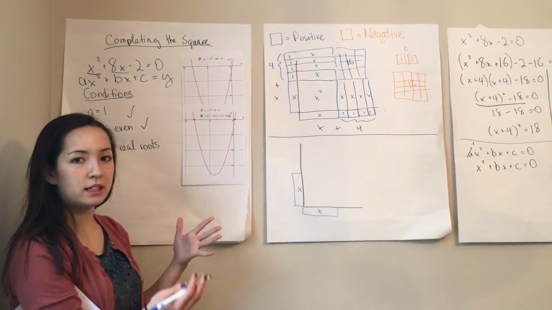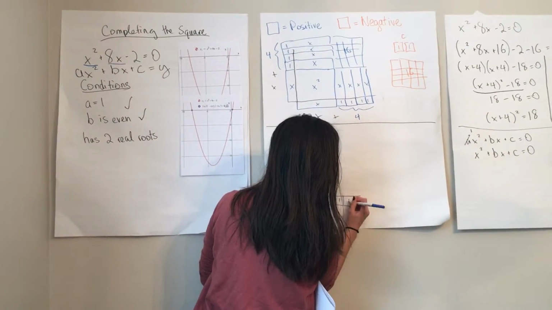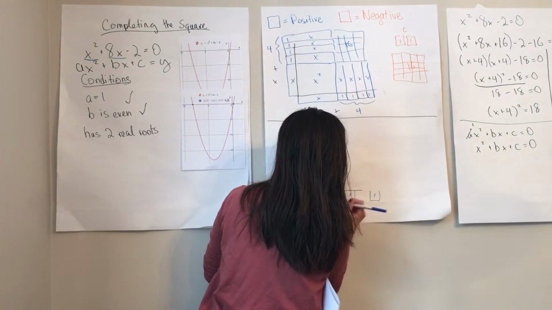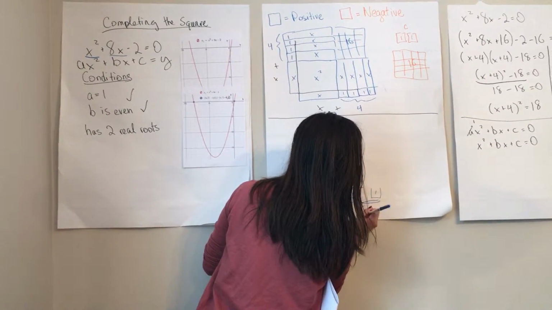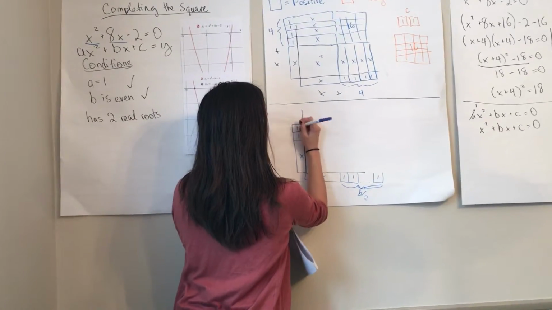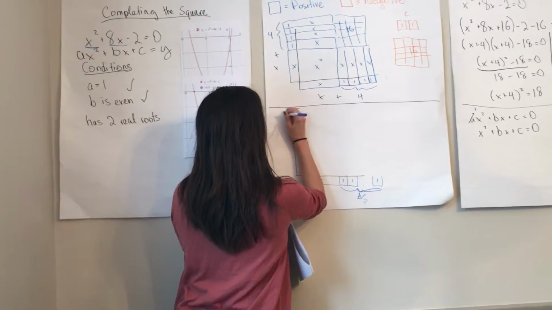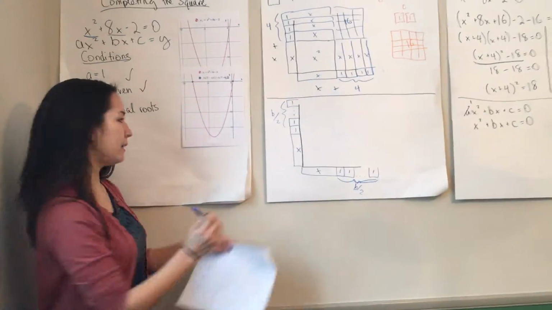And we need it to be even because it's a square. So we're going to have b over 2 on this side and b over 2 on this side.